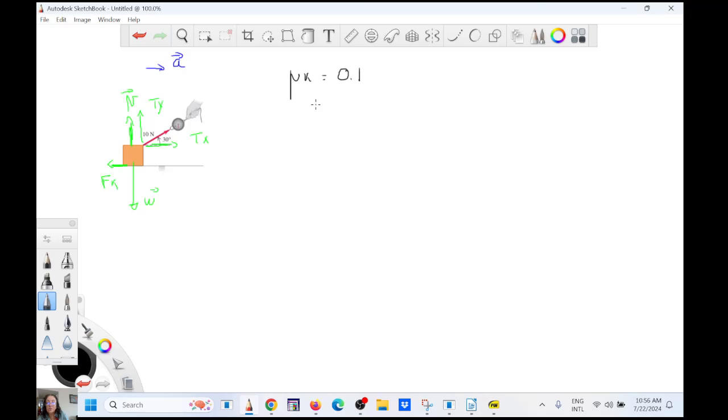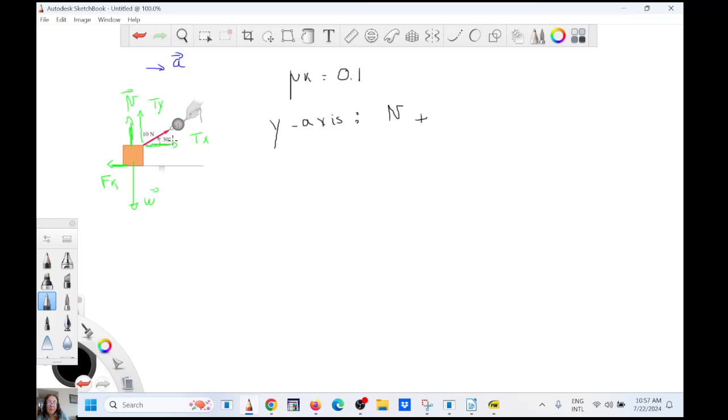So let's do all the equations. So along the y-axis, we have up equals down. So we have the normal force plus up.